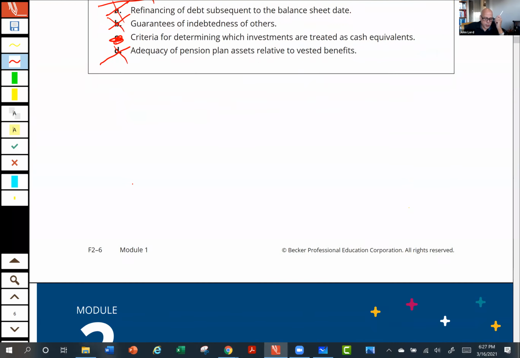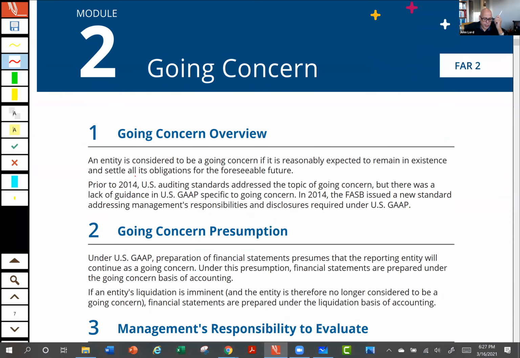Okay, good. Let's come over and let's take a look at going concern issues. Now, when I look at this going concern, I get concerned, haha, that the examiners might like to throw some questions like this on the exam, because we're coming off, hopefully, of a tough time, and the economy's hopefully going to be improving.